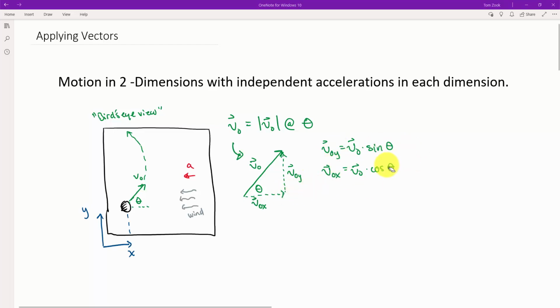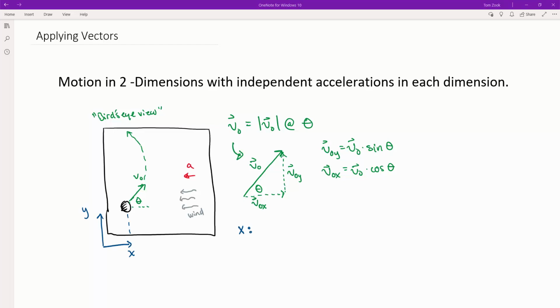But what's most important is we can write out equations of motion, the kinematics equations for the motion of this ball, in both dimensions. We can write a y equation and an x equation. And we can do that all in one gigantic equation, or we can split it into two parts. So let's make that happen. In the x direction, put x colon here just to kind of start us off there. That's not a sideways emoji for somebody ready to barf or anything.